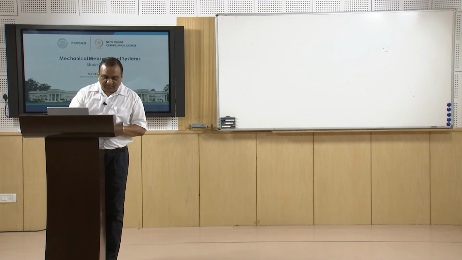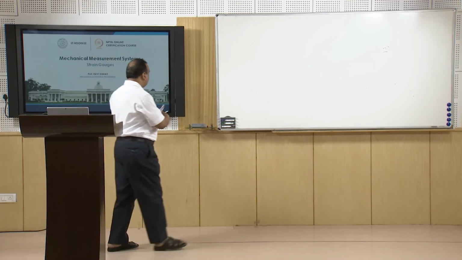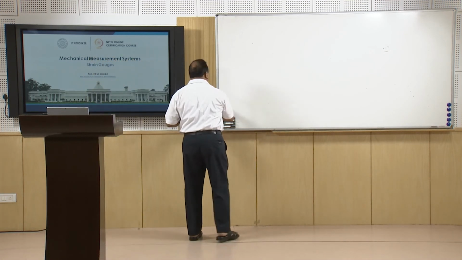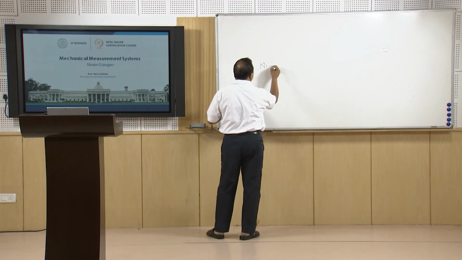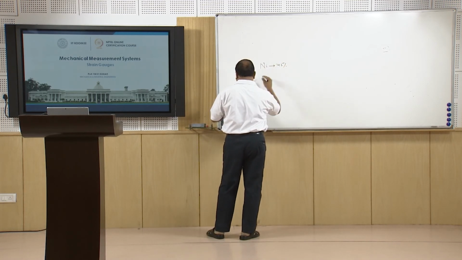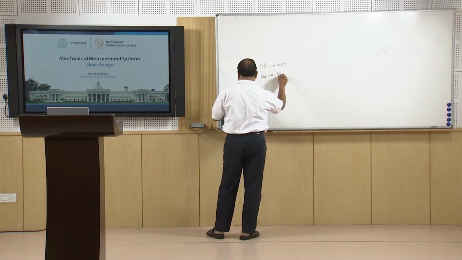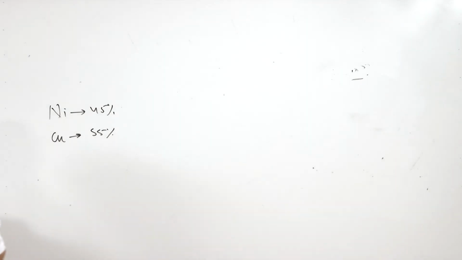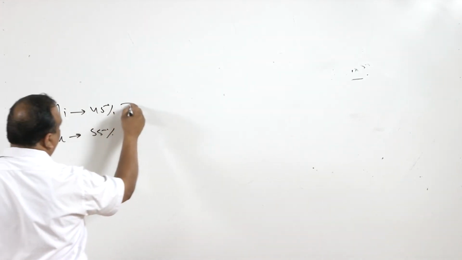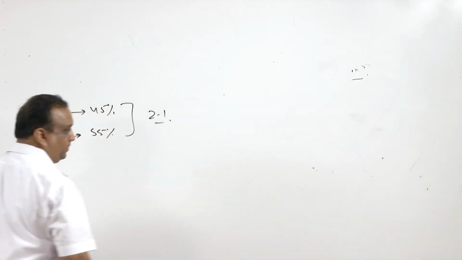For constantan strain gauge, where the composition is nickel 45% and copper 55%, the gauge factor is approximately 2.1.